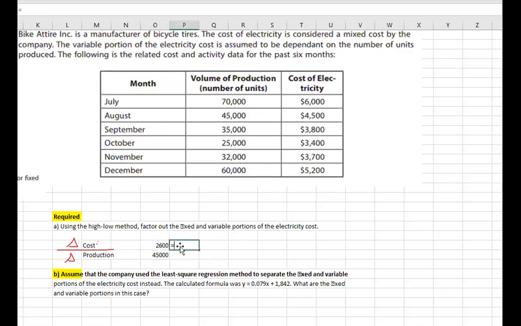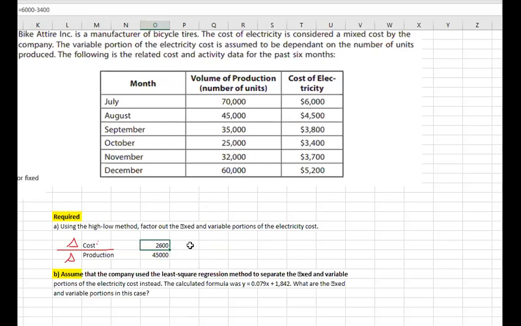Using this formula, change in the cost divided by change in production. Let me do it over here. 70,000 minus 25,000 gives me 45,000. At 70,000 we have a cost of 6,000, with 25,000 we have a cost of 3,400.